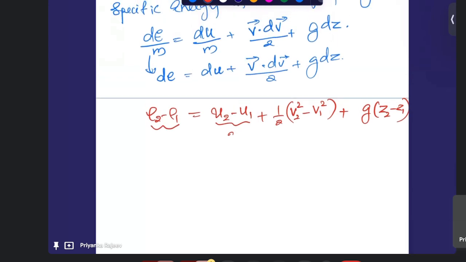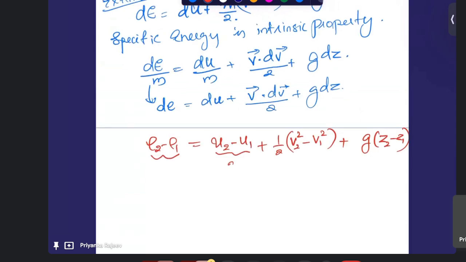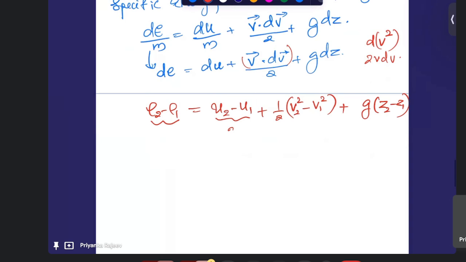Okay, this square we are taking. So I want to calculate the velocity change, right? So I take d of V square, that will be 2V dV. That is what I'm writing here, so V dV.